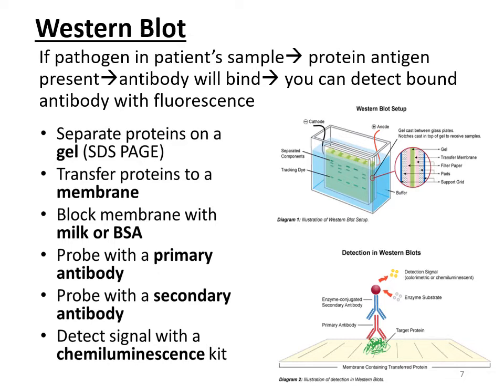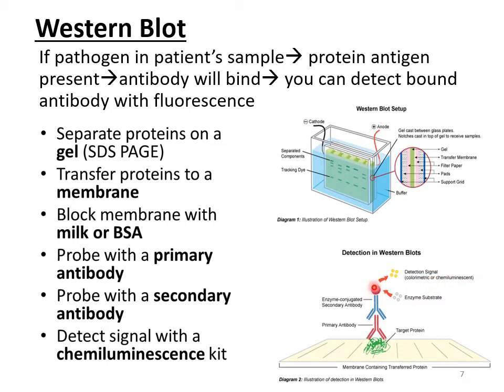So now what you then add is a secondary antibody. And secondary antibodies are special in that they'll bind any antibody, but they also on their other side will have some sort of detection signal. So as you see in this one, the detection signal can either be color change or fluorescence, okay?